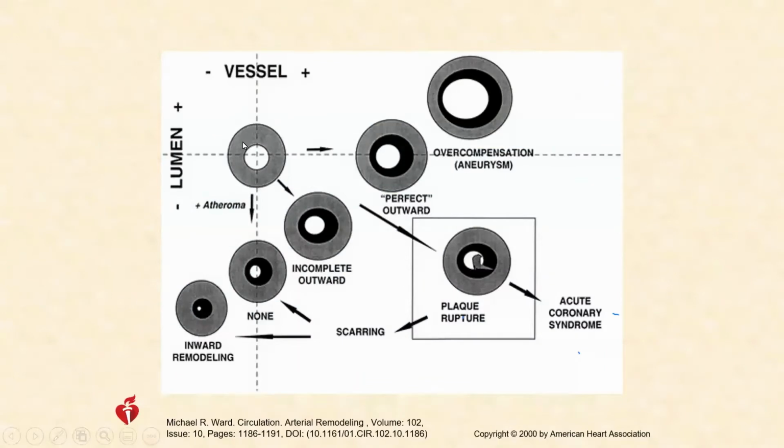Now, to remind you, the pathology starts with a pristine vessel, then atheroma starts to accumulate this way. Initially you see that this is the lumen. If you compare the lumen to the baseline lumen, there is no difference.